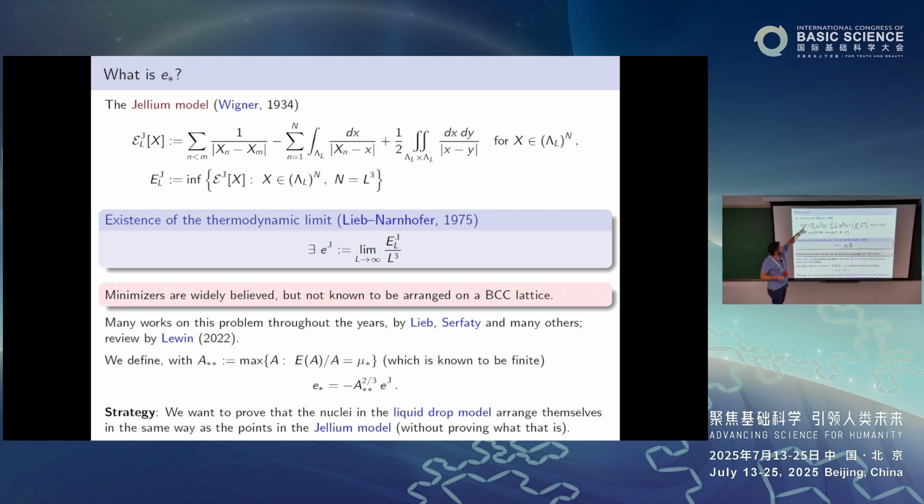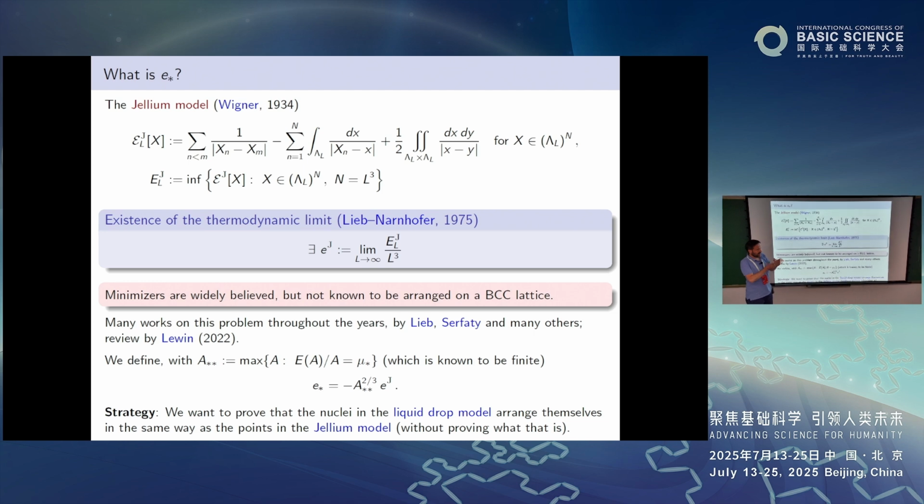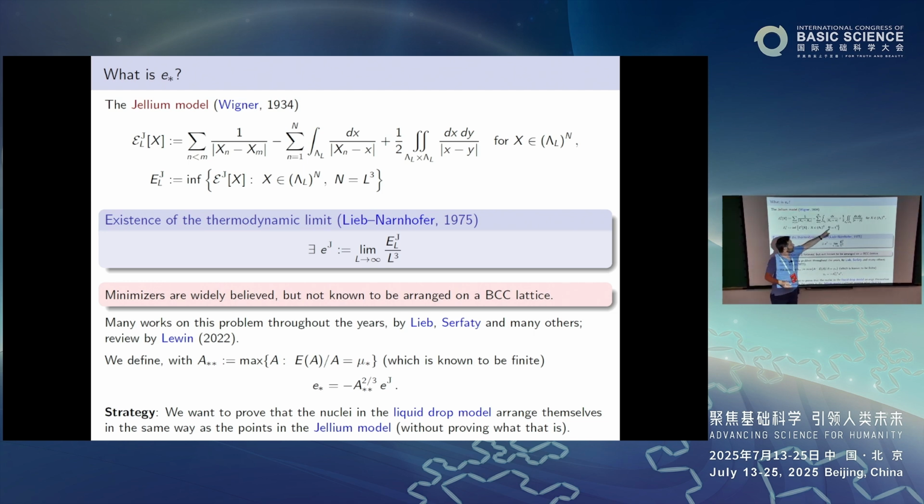Okay, so X consists of capital N points in R3. These points repel each other through Coulomb forces. And then, same thing, they are attracted by a background, here of density 1, and the background repels itself. So that's just a constant. You don't need to care about this.